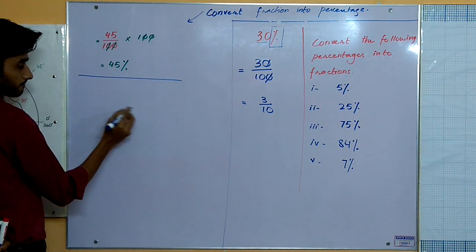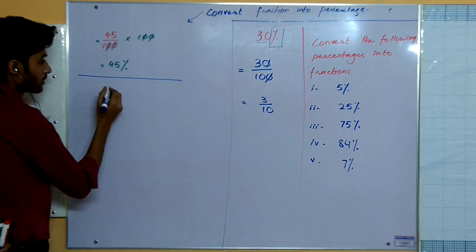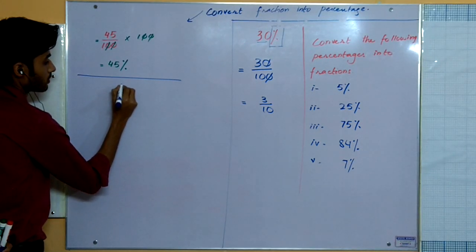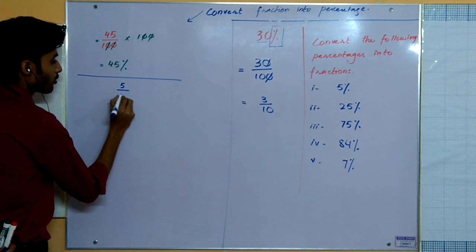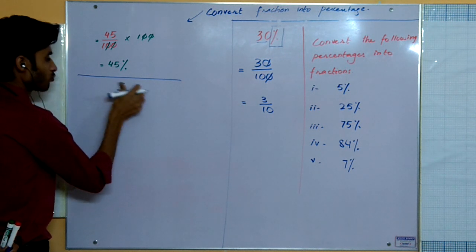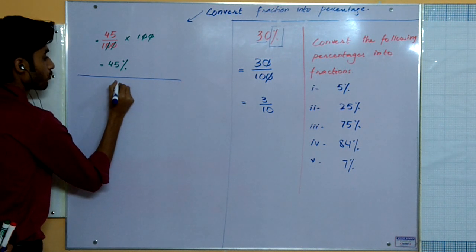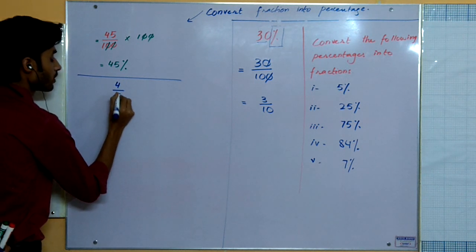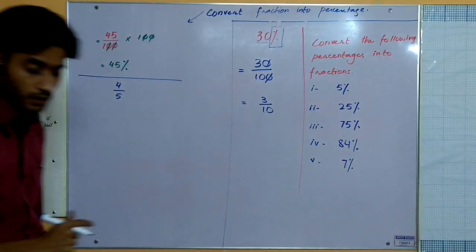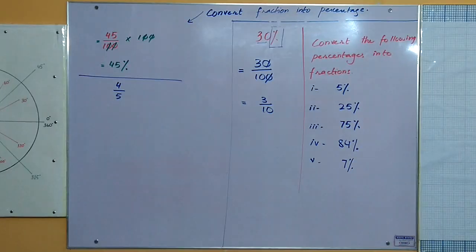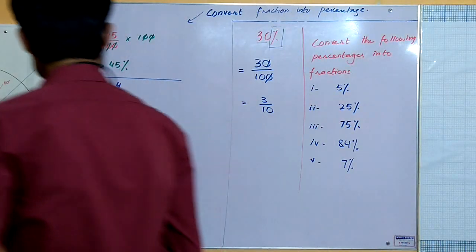What should I write? Let's say 4 upon 5, okay? 4 upon 5. This is again a fraction, and I obviously want you to convert this fraction into a percentage. And how am I going to do it?